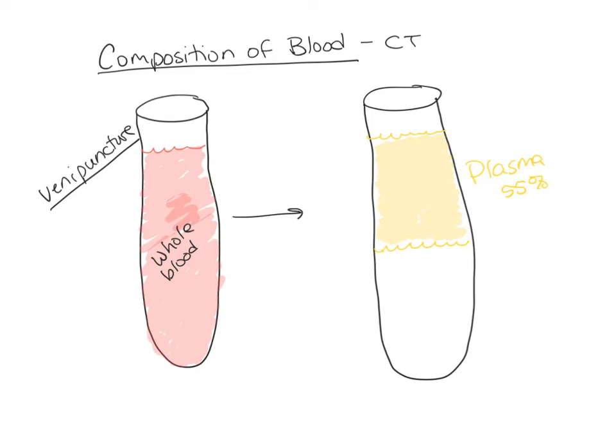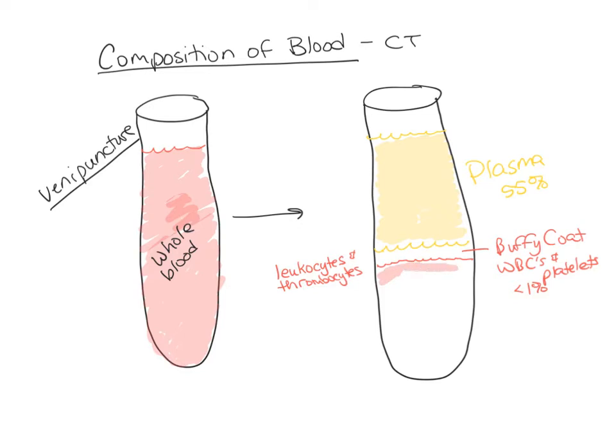So right below the plasma, we see a tiny little area that we call the buffy coat. The buffy coat will be a clearish area that contains the white blood cells and the platelets. White blood cells and platelets make up less than 1% of blood. Another name for white blood cells is leukocytes, and another name for platelets is thrombocytes.